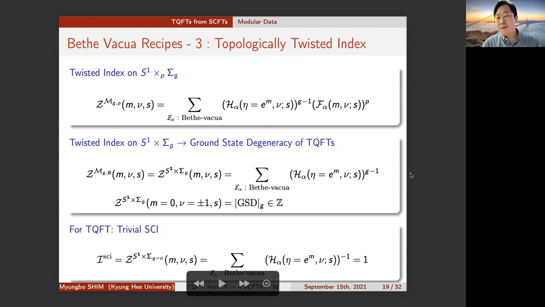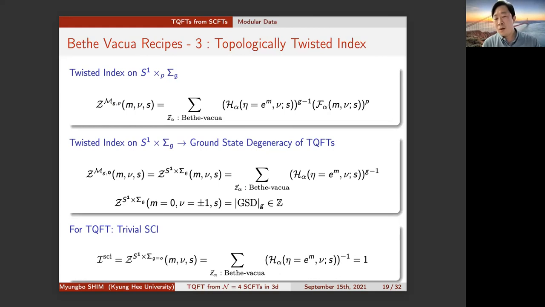From the handle-gluing operator and fibering operator, we can construct the general supersymmetric partition function on M_{G,P}. Here G is the genus of a Riemann surface, and P is the first Chern number. Considering P equals 1, the topologically twisted index on S1 times sigma G is constructed by only the handle-gluing operator with exponent G minus 1.